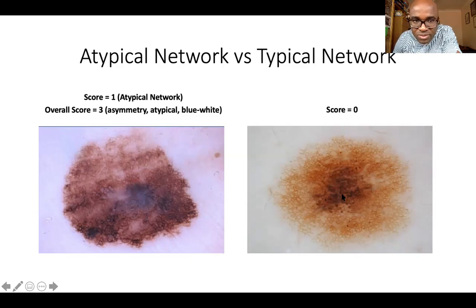So in terms of symmetry, you see that the symmetry is uniform. Network is typical because there is a typical network on the edges and there are no blue-white structures in this. So this will give you a score of 0. 0 for asymmetry, 0 for network, and 0 for blue-white structures. This is a benign nevus.